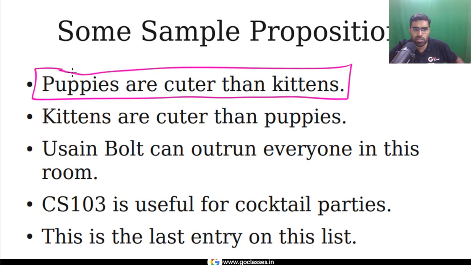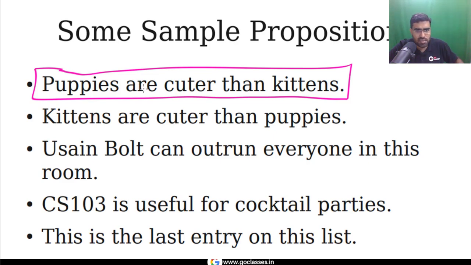Remember one more thing. Maybe you are thinking that this is false from your point of view, and from my point of view, maybe this is true. Or you may be thinking, sir, from your point of view it is true, but from my point of view it is false. Then can we say this is a proposition?